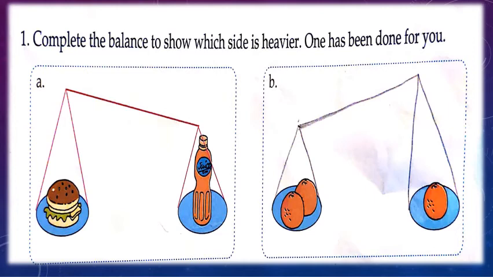Now children, look at the first part A. Here you will see that there is a burger on one pan and there's a juice bottle on the other pan. Okay, so when you keep both the items on a balance, you will see that the pan containing juice goes down and the pan containing burger goes up.